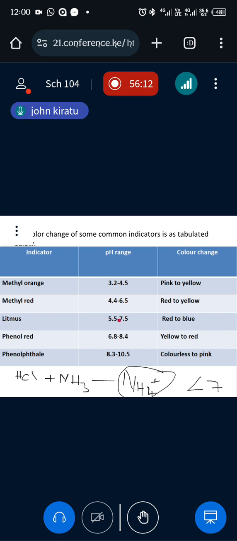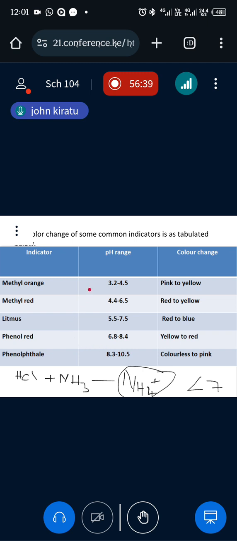Litmus paper we can use, because 7 is around there, so this one can be used for strong base, strong acid. Phenol red can be used because 7 is still around there. This one cannot be used because 7 is below, it's not captured within the range. So basically, that's how we usually choose.